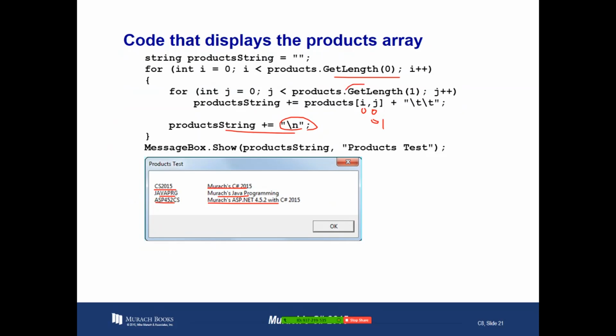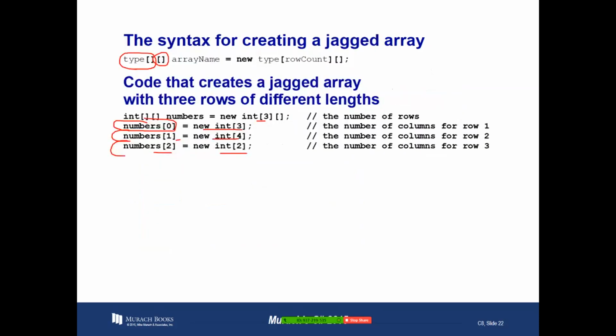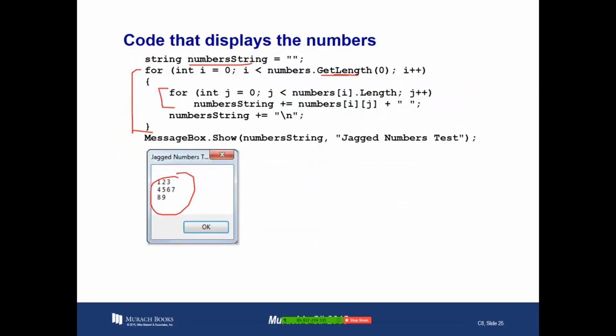But for the columns, it's not really columns anymore, because the number of columns varies. It's actually an array of singly dimensioned arrays, so it makes sense that we would use the length property, because really it's just a singly dimensioned array there.